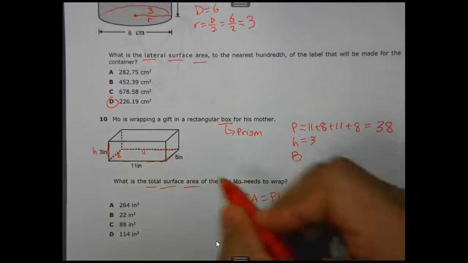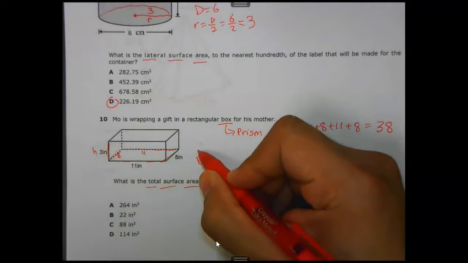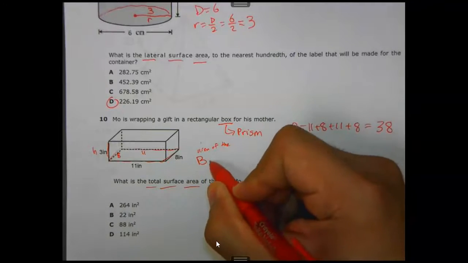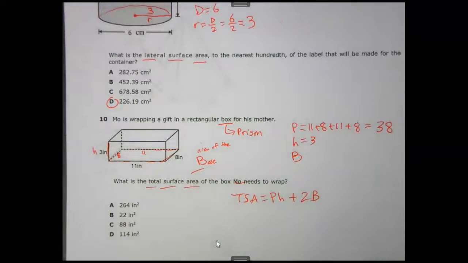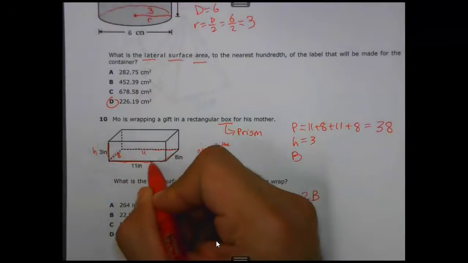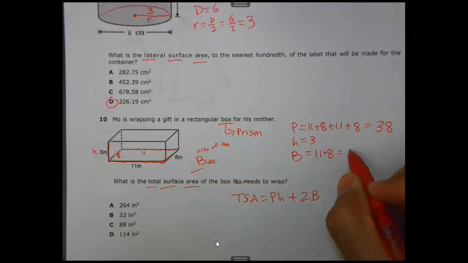And remember, big B is the area of the base. So how do I find the area of a rectangle? 11 times 8 is 88.